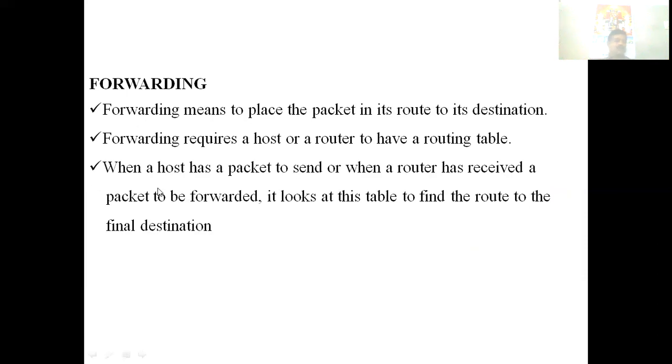When a host has a packet to send, or when a router has received a packet to be forwarded, it will look at the routing table and find the route to the final destination.